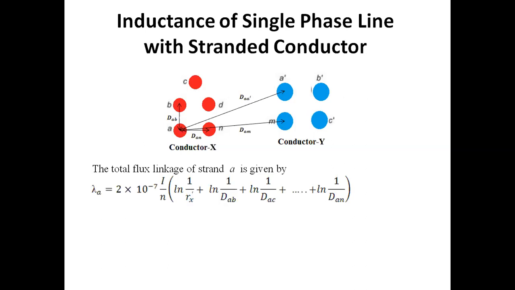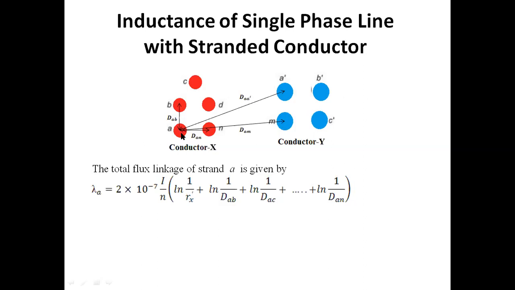First consider the self current through each subconductor or strand in conductor X. This current is I by n because it has n number of strands. So 2 into 10 to the power minus 7 into I by n, then ln 1 by rx dash, that is the effective radius of strand A, where rx dash equals 0.7788 rx. This is the formula.